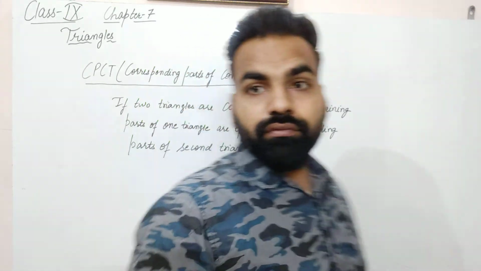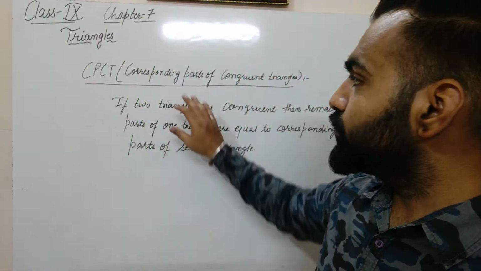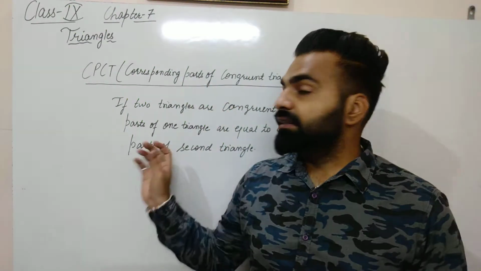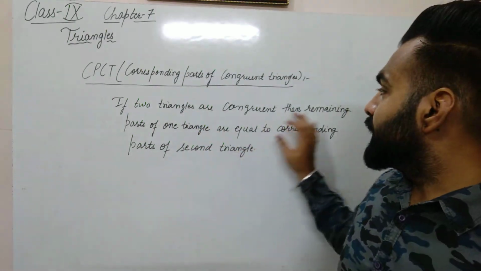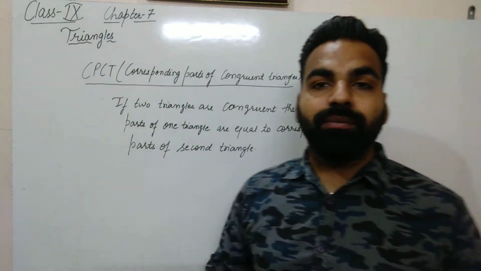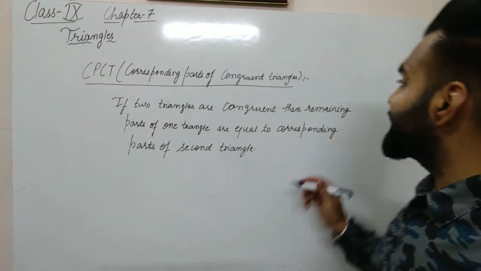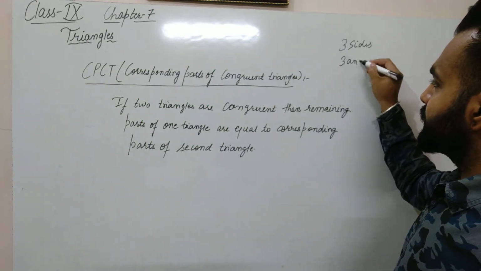And one more topic is there, that is CPCT. CPCT refers to corresponding parts of congruent triangles. This rule states that if two triangles are congruent, then remaining parts of one triangle are equal to corresponding parts of the second triangle. In triangle there are total 6 parts, 3 sides and 3 angles.